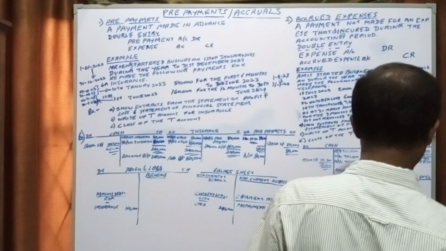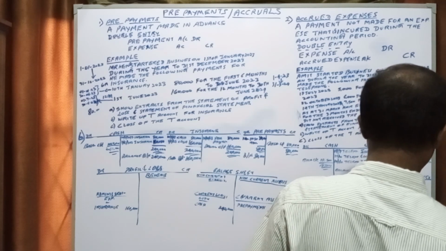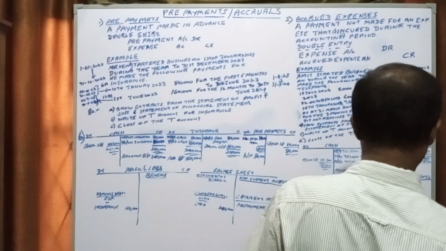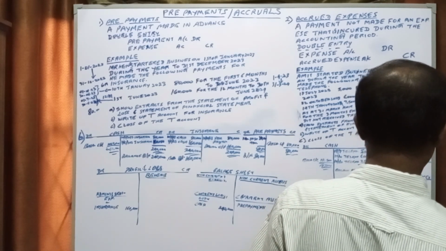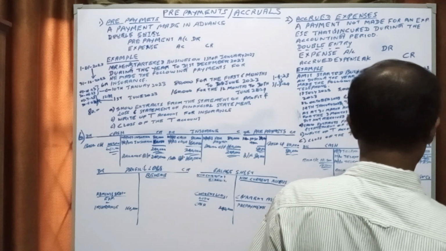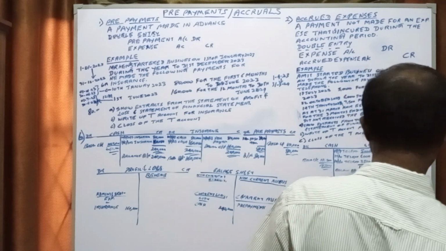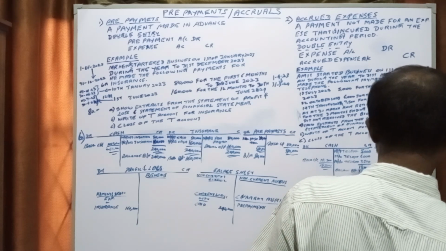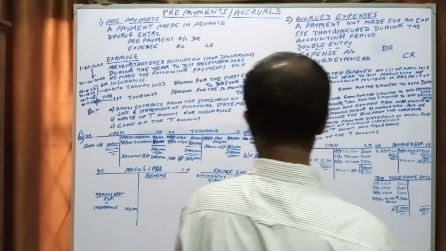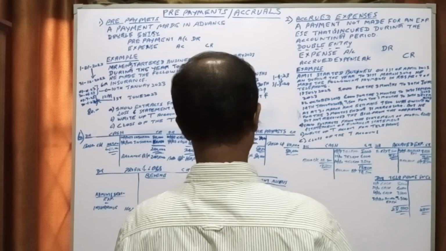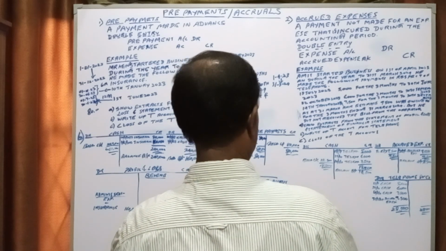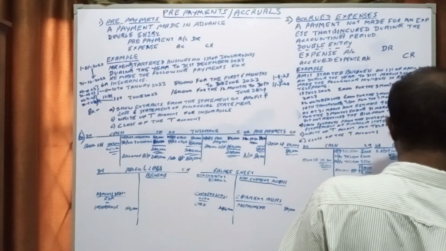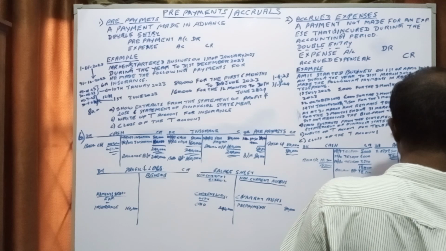So here is the total, 28,000. 28,000. Then balance carried on, 28,000.